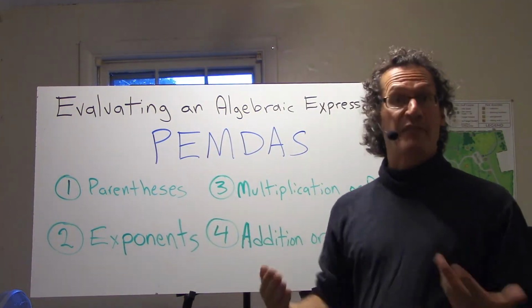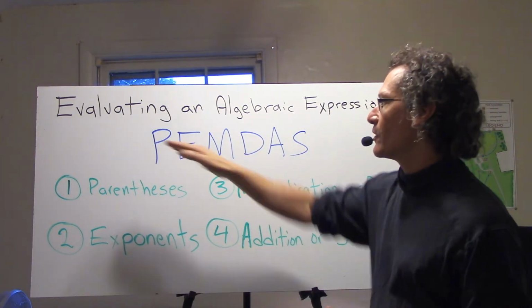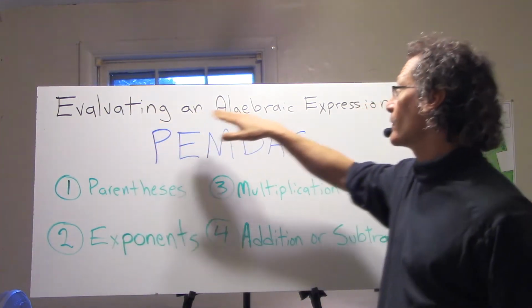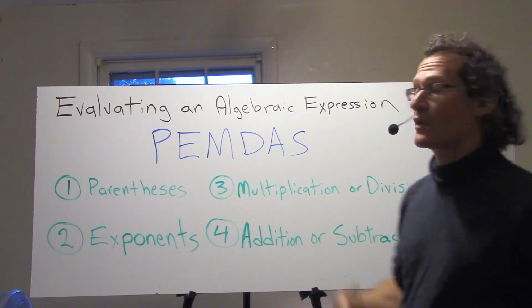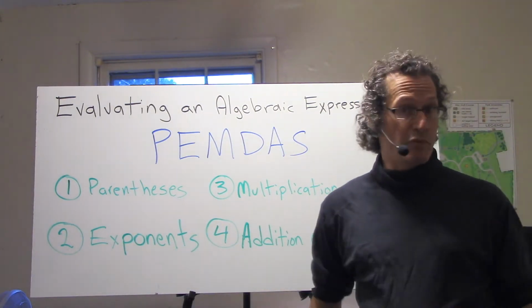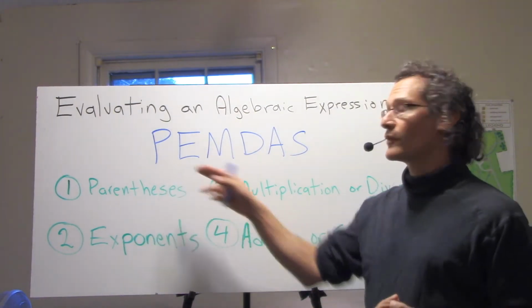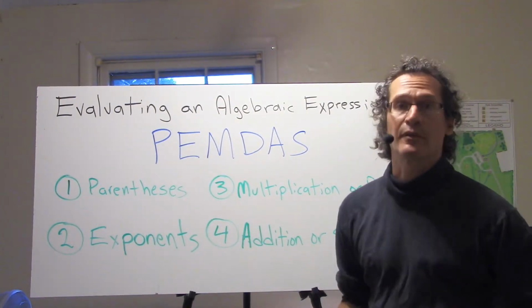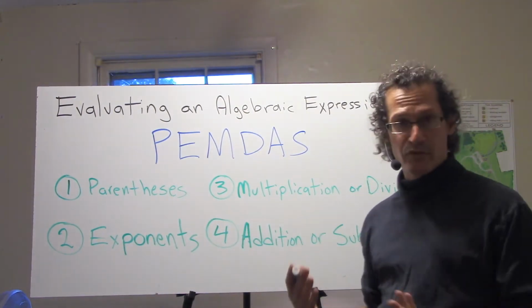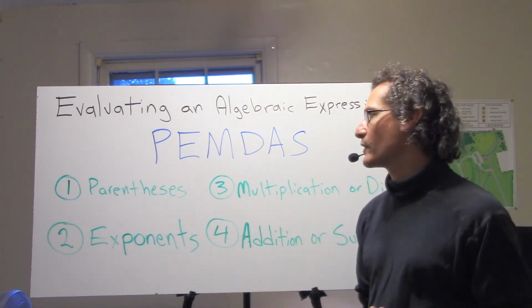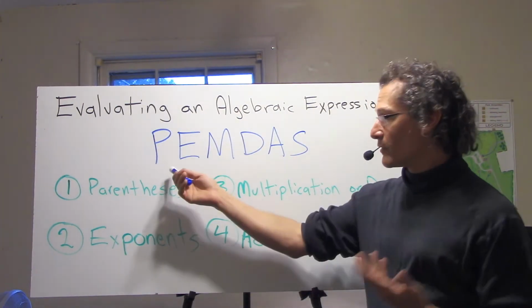Next in our Math Bootcamp series is the process of evaluating an algebraic expression. You may have done this as far back as middle school, and who knows, maybe in elementary school. You probably were given an acronym known as PEMDAS that represents the order of operations. It starts with parentheses.